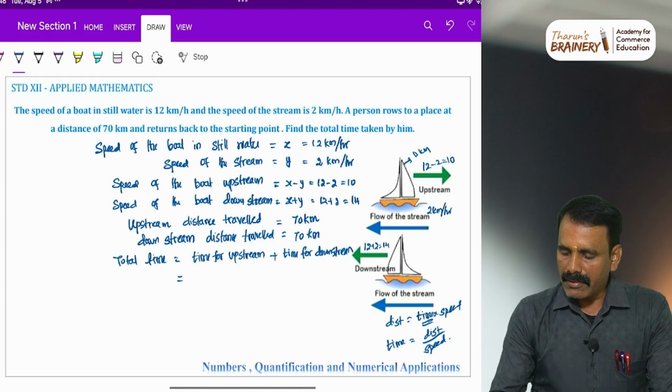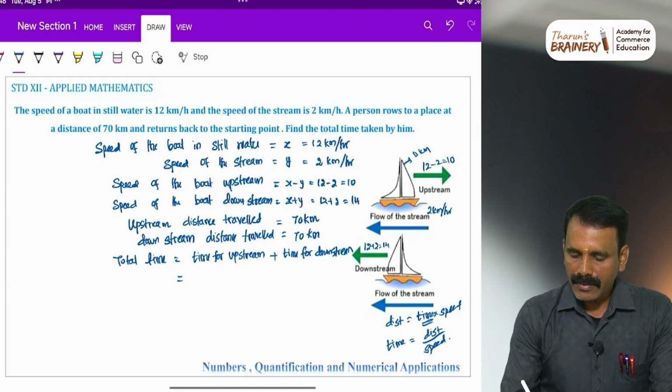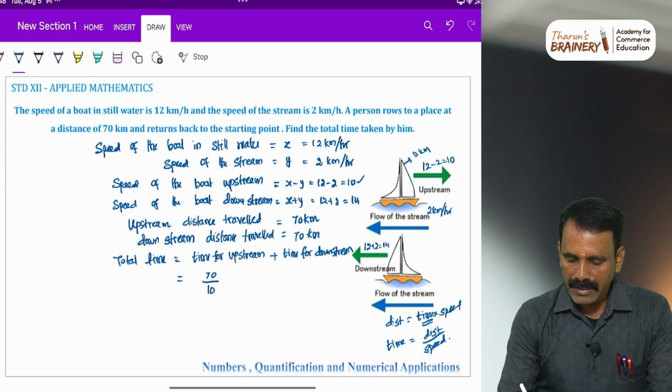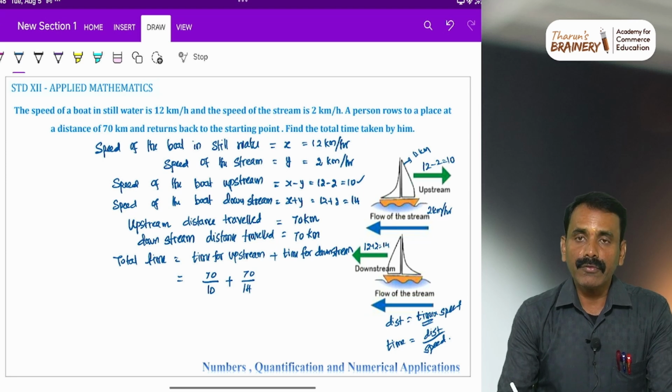So time is given by the formula distance by speed. So distance traveled will be 70 divided by, for upstream speed is going to be 10. So 70 divided by 10 plus again 70 divided by 14. Because for the downstream the speed is going to be 14.